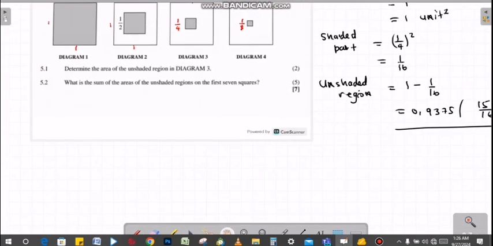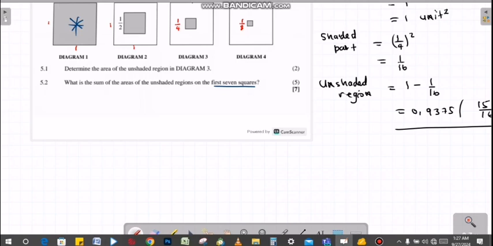Okay, let's check the next question. What is the sum of the areas of the unshaded region on the first 7 squares? Unshaded region. Okay, so now on the first 7 squares, the first one will be counted out since it's shaded.